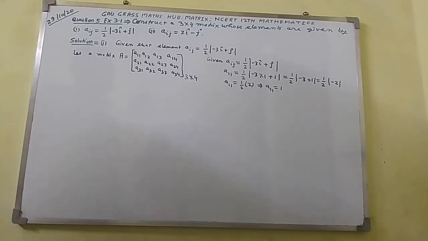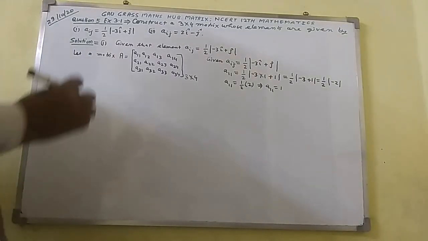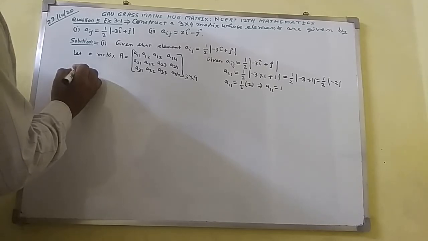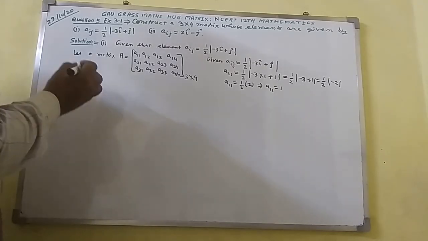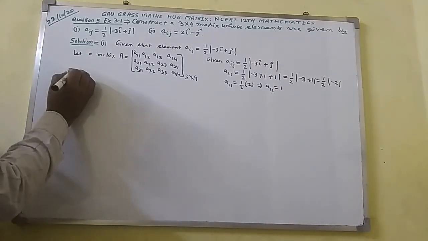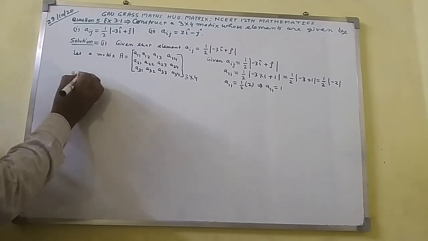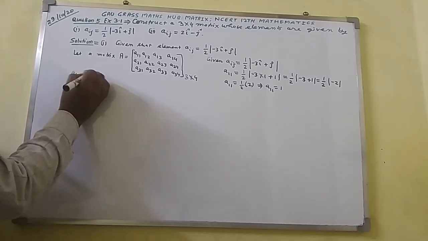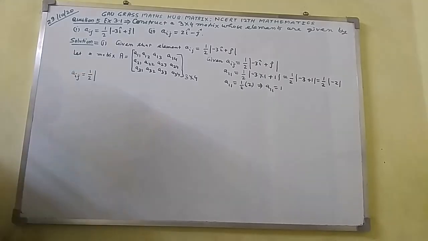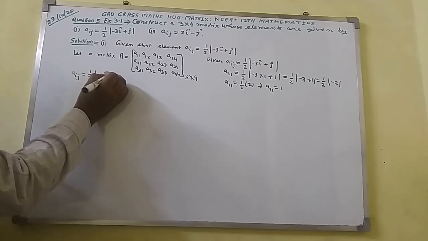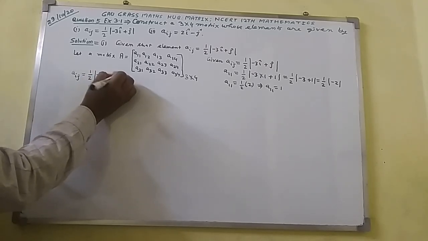Again, you write for the element like this. Now I shall write Aij equal to 1/2 mod minus 3 i cap plus j cap mod.